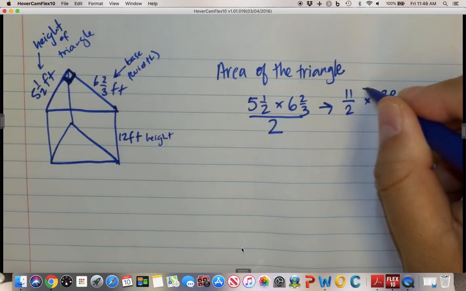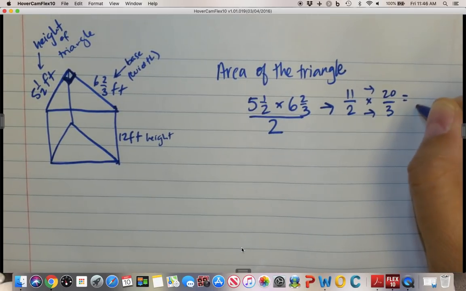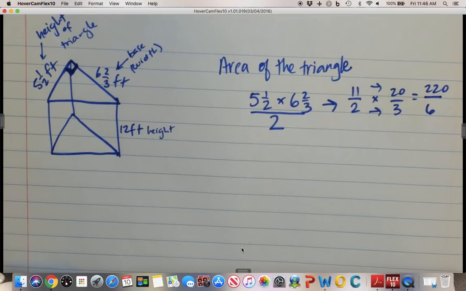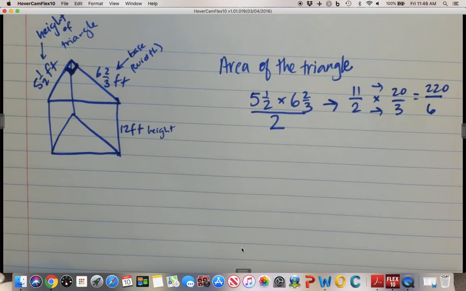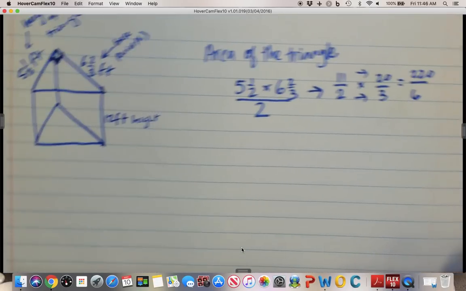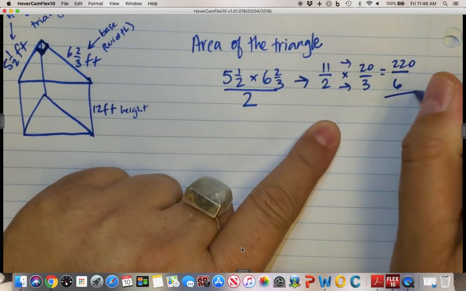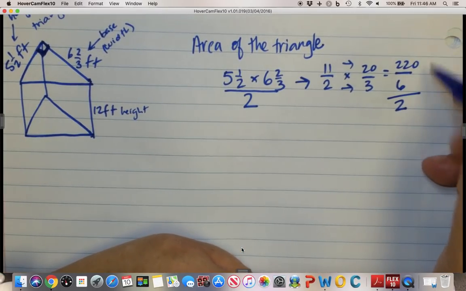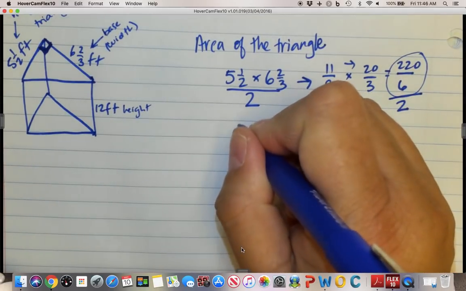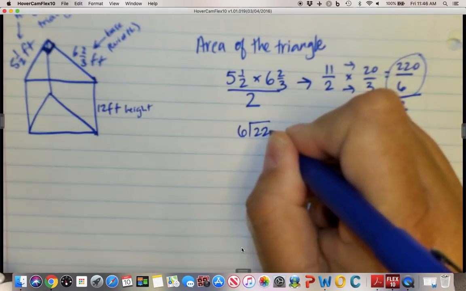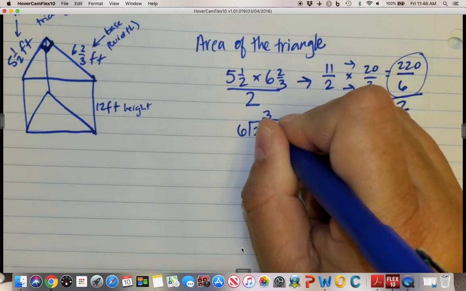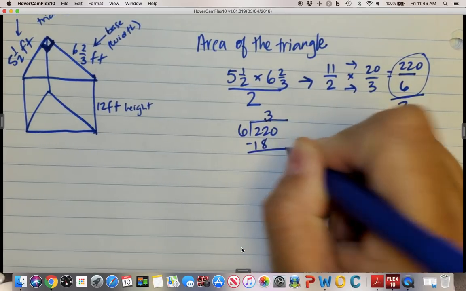I multiply those straight across. I get 6 on the bottom and 220 on the top. 11 times 2 is 22, but it's a 10, so it's 220. And then it's still over 2. So the first thing I have to do here is simplify it. So I'm going to do 6 into 220. 6 goes into 22 3 times, which is 18.